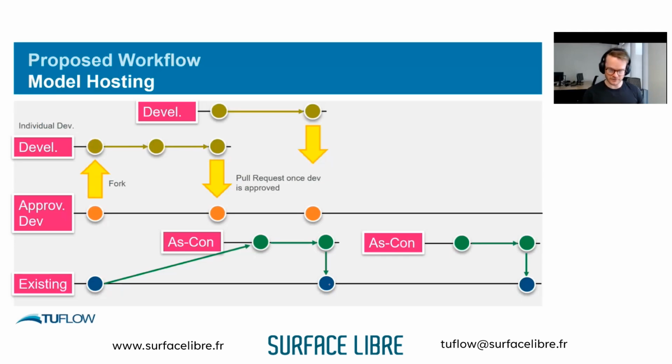And you could also see a history of the entire model. Someone at this point in time can go, okay, let's have a look at the history of the model. And this would be a very easy thing to do. For example, did it used to flood in this location?